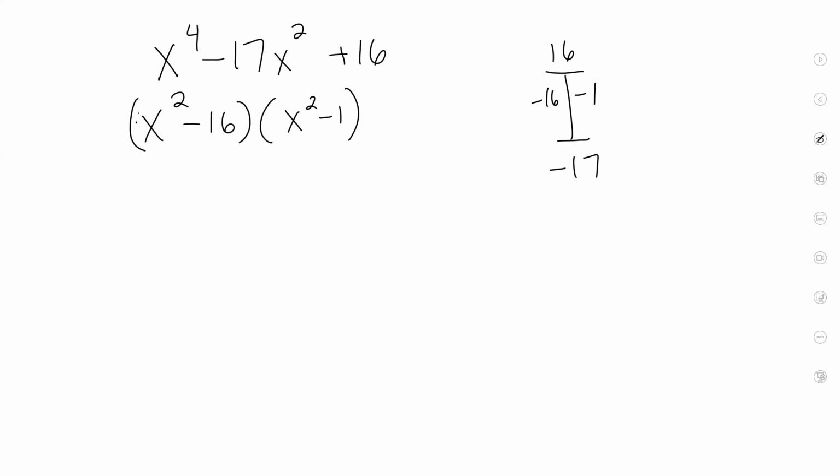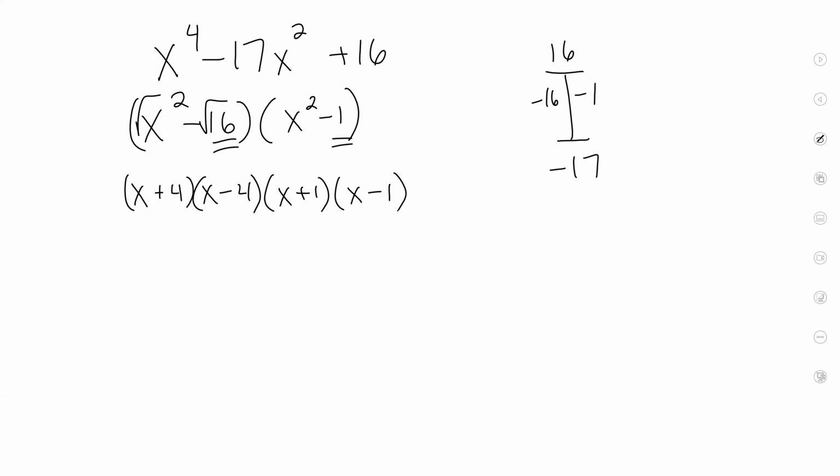Yes, let's do square roots because we have a difference of squares. We all know the square root of 16 and we all know the square root of 1. So this will be x what? Thank you, Jimena. X plus 4, x minus 4. What's this one? Thank you, Trisha.